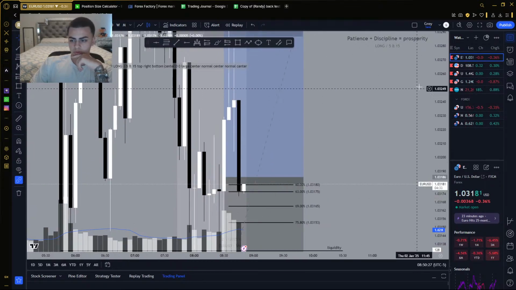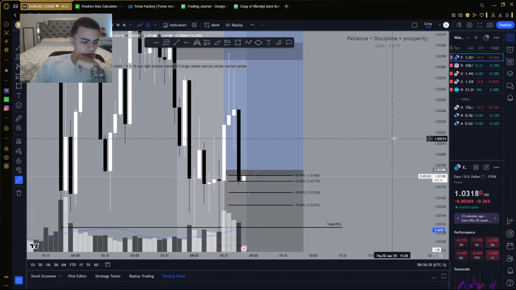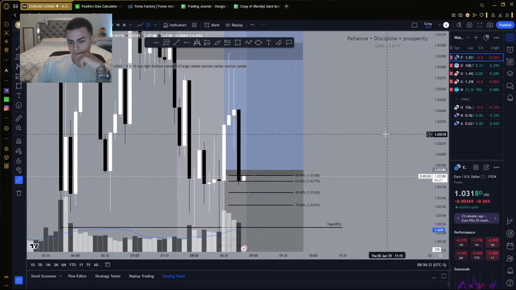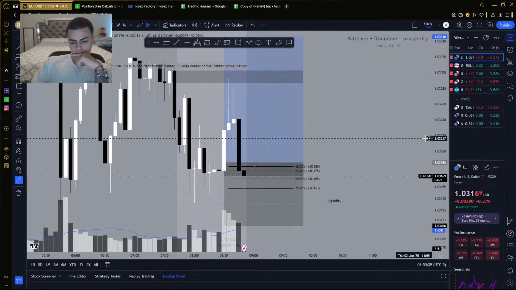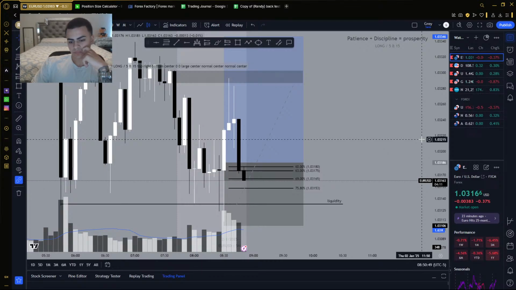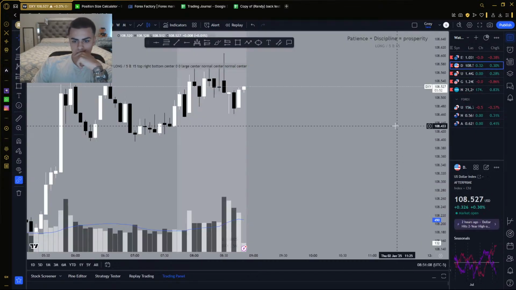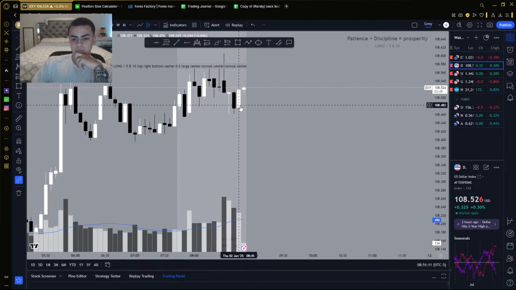And it didn't close with a top wick, so we could probably see a potential push up here now. This one flipped bullish, but it doesn't have a bottom wick.